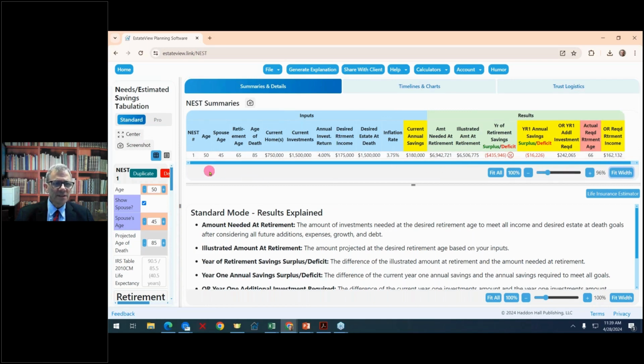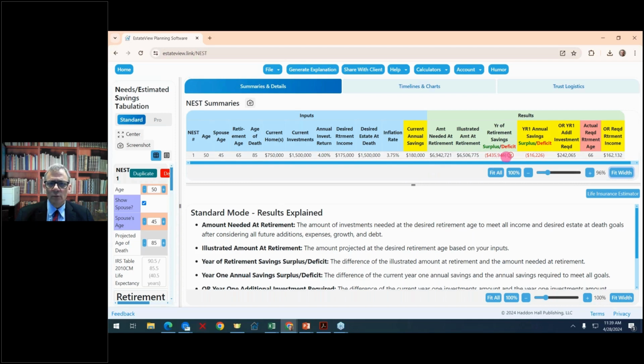And what this is telling me is, for a 50-year-old married to a 45-year-old wishing to retire in 15 years, expecting to die in 35 years with the information we indicated, this person will not be able to retire at age 65.